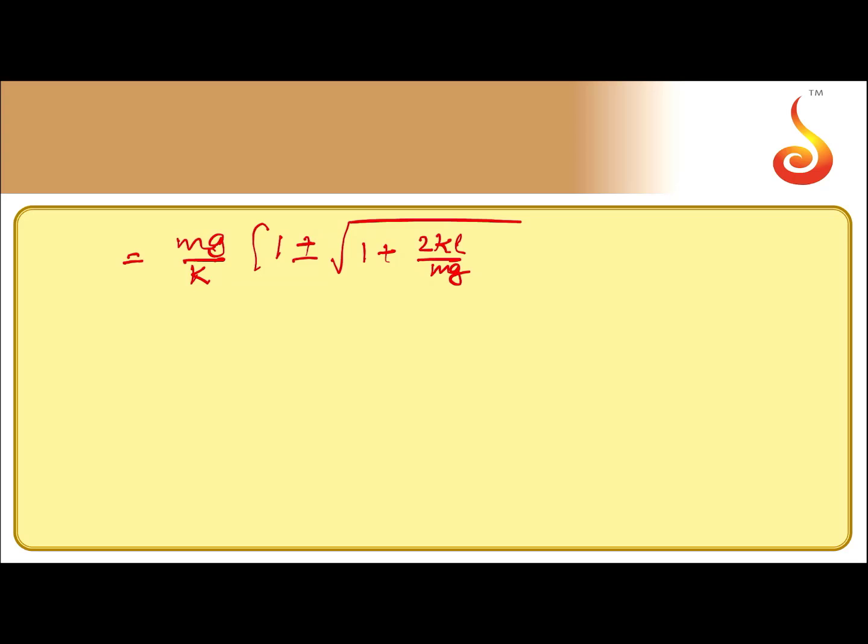So this becomes mg by k times (1 plus root of 1 plus 2kL divided by mg). This is our expression for the elongation of the string, or elongation of the cord.